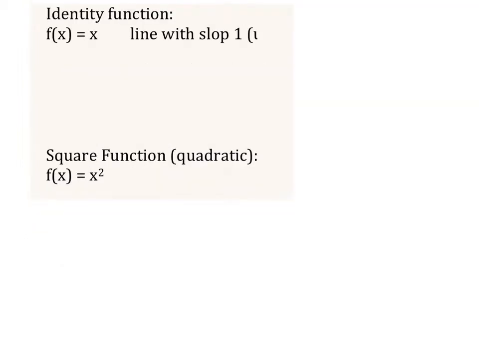For f of x equals x, this should say slope, not slop. That's a line with a slope of 1, and I'm not sure why this didn't come through, but this is the line that we reflect our inverses by.